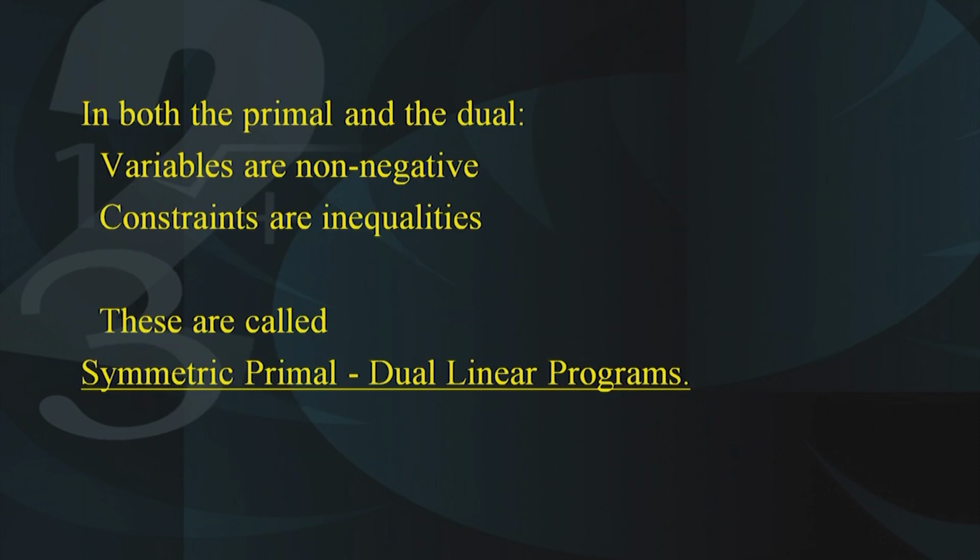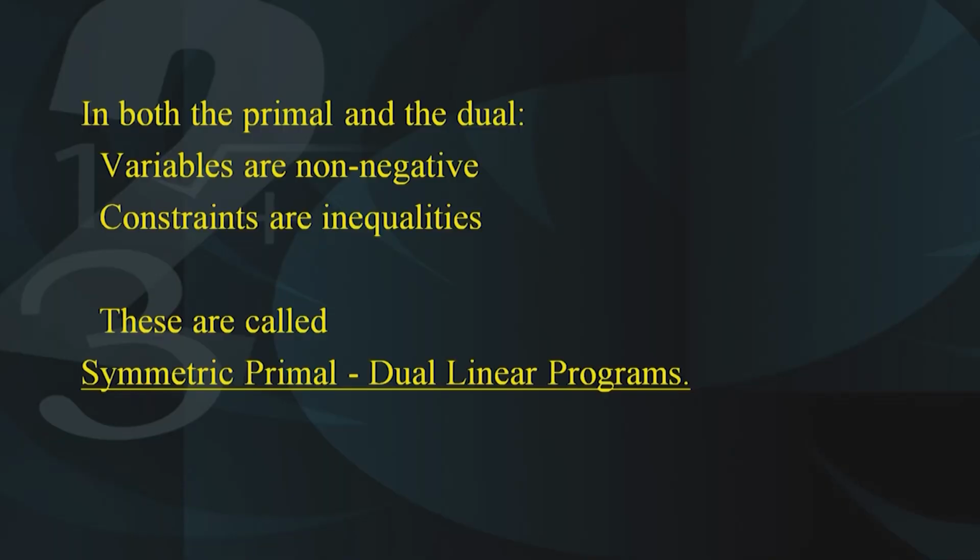So, in both the primal and the dual, what we have seen is that the variables are all non-negative, that is there is no unrestricted variable, all of them are greater than or equal to 0 in the primal as well as in the dual, and all the constraints are inequalities, either greater than or equal to or less than or equal to. Now, this is a special case, and this kind of special case is called symmetric primal dual problems.